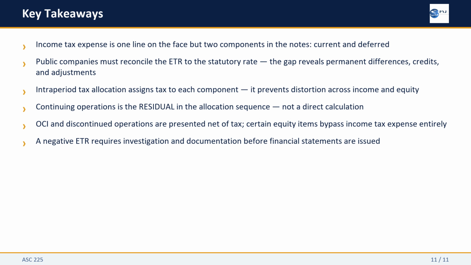The most important mechanical point: continuing operations is the residual in the allocation sequence, not a direct ETR calculation. OCI items and discontinued operations are net of tax. Stock compensation and treasury stock tax effects go directly to equity. And anytime the ETR behaves unexpectedly, investigate before issuing.